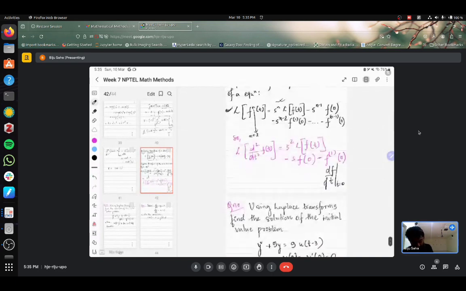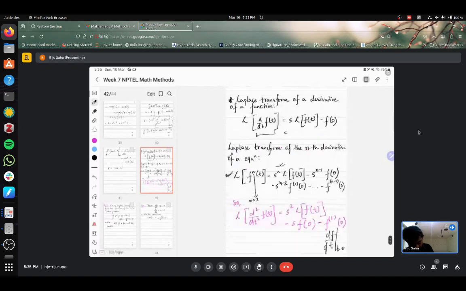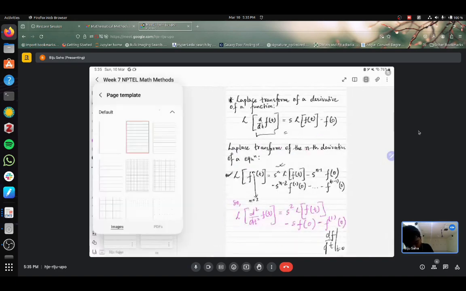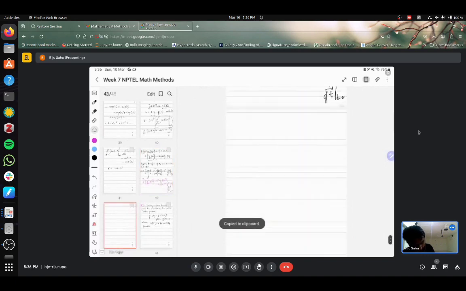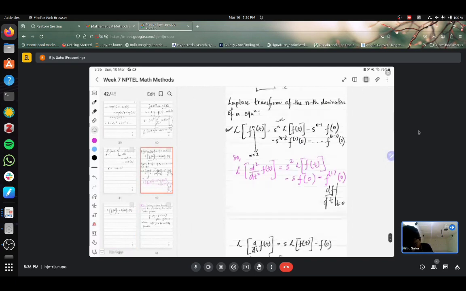So mainly we will be requiring these two results, so let me write it separately. So this is the one result that we will require. And this is another that you will require.